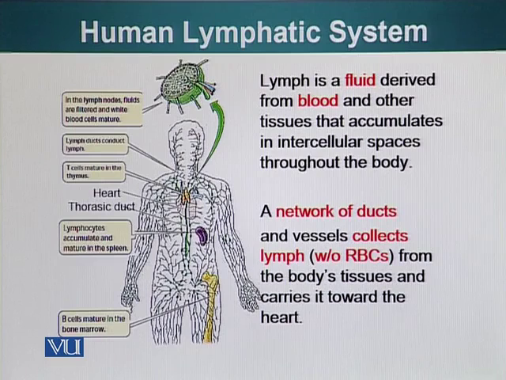While this lymph is traveling in the lymphatic system, it encounters structures which I referred to earlier as lymph nodes. We'll see a larger photograph of this. These lymph nodes have a population of specialized cells, T cells and B cells, which are performing an inspection.